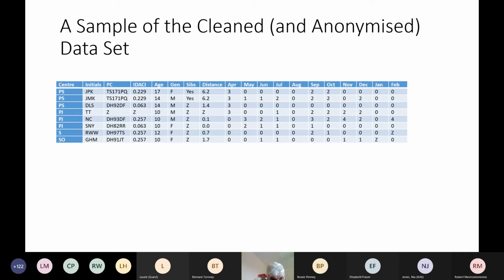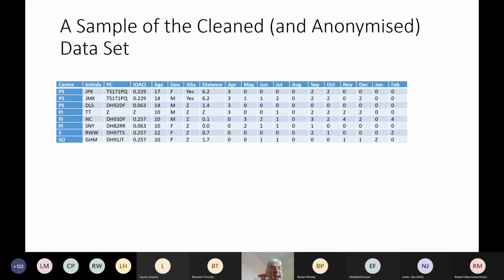Postcode, we didn't always have all the information. So, for example, the Z shows that we didn't have that particular piece of information. So this person, TT, we don't know their postcode, hence don't know their deprivation level. On the other hand, we do know their age and that they're male. So for each postcode, we have a deprivation index.